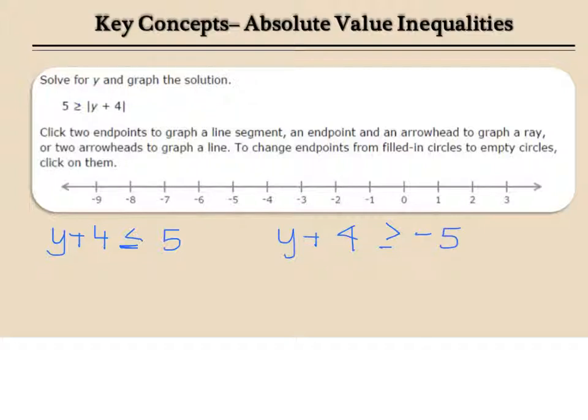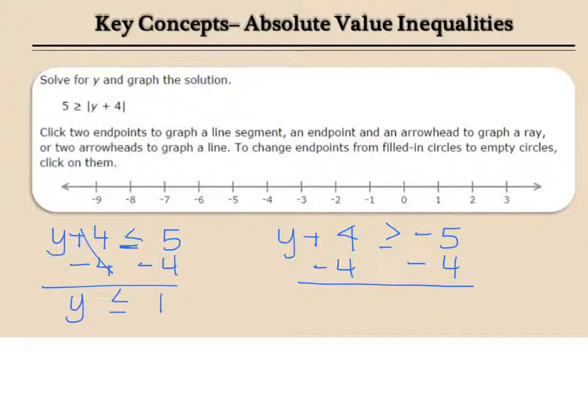Remember, this is an "and", so it's going to be barbells. Or I'm going to graph 2 points and connect them. So I subtract 4, and I'm going to do that all the way across. Then I have y is less than or equal to 1. Y is greater than or equal to negative 9.